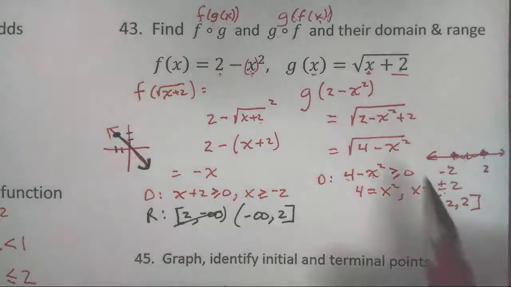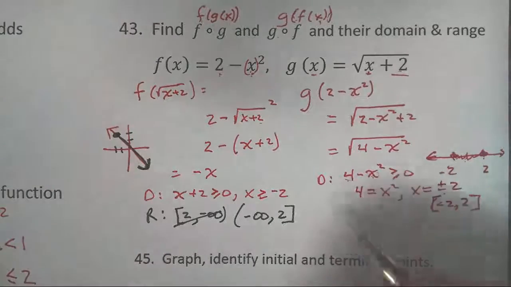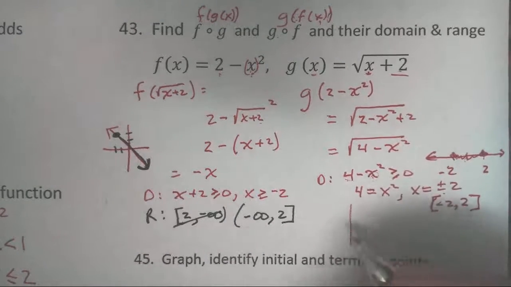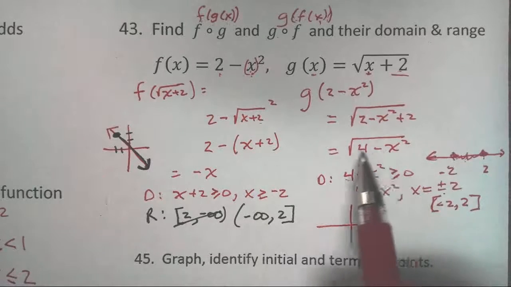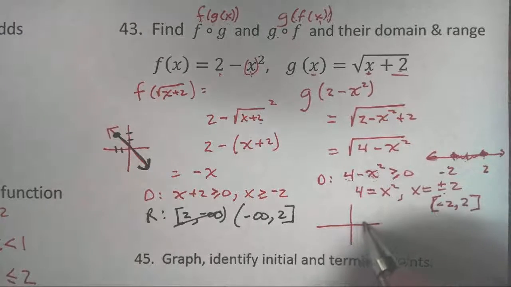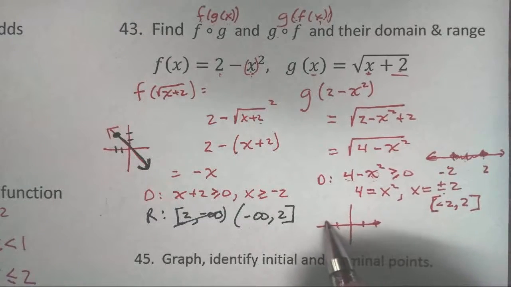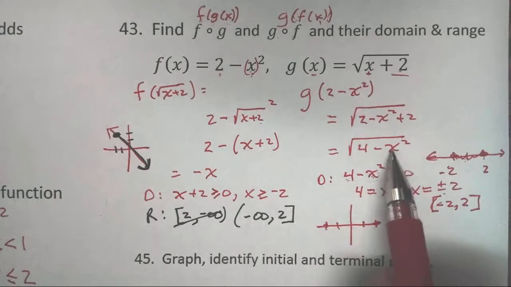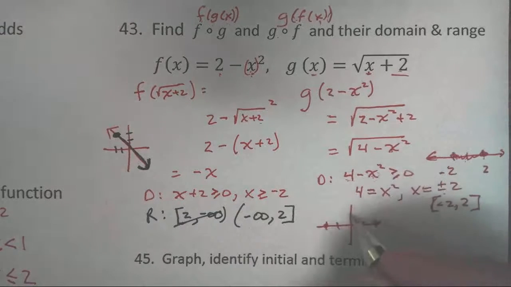All right, let's take a look at the graph of this guy. Well, if I put in 2, I get 0. If I put in negative 2, I get 0. If I put in 0, I get 2.